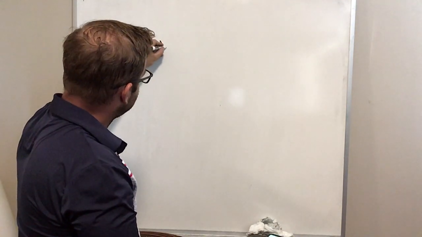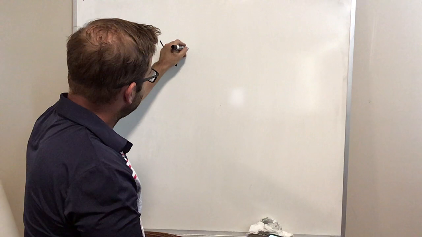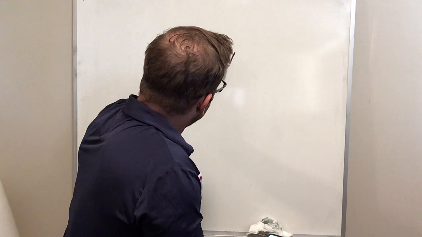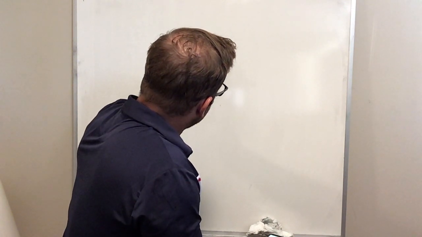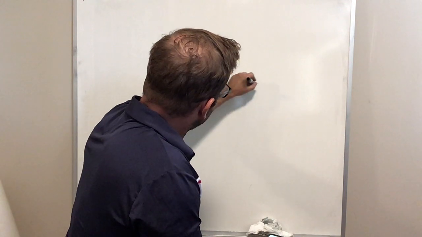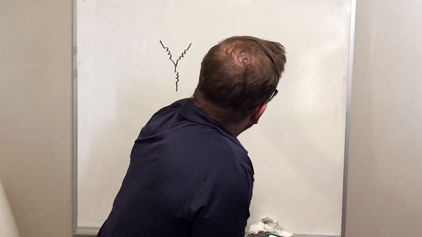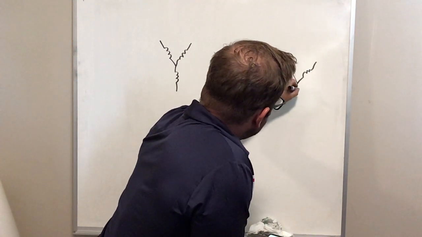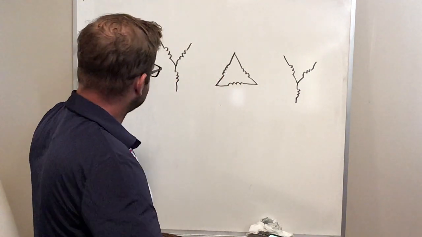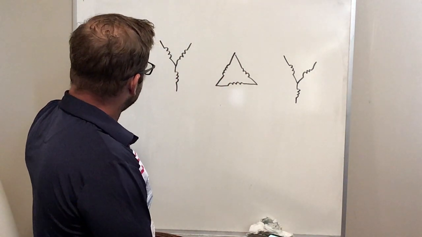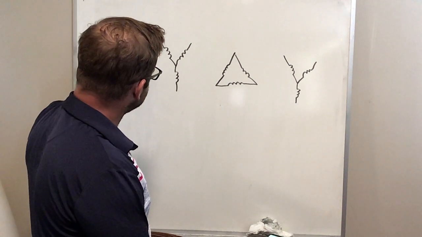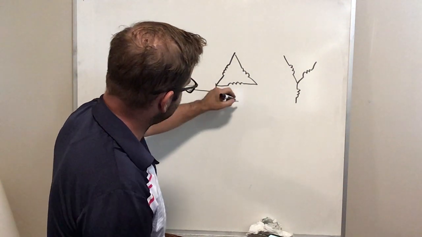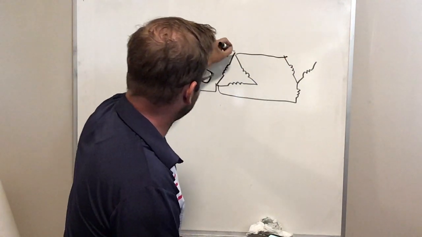So we're going to do Y for our supply, and Y for our second load. Let's just make this 100 volts here, and we know that those in some way are connected.